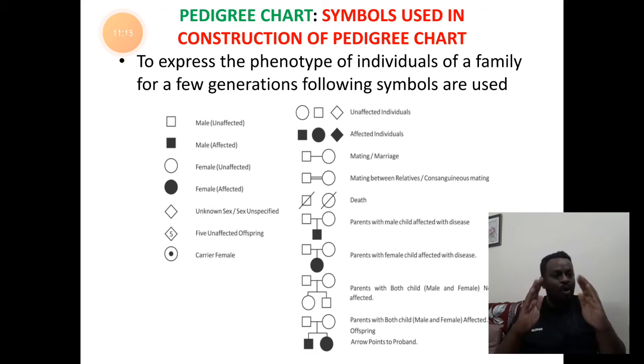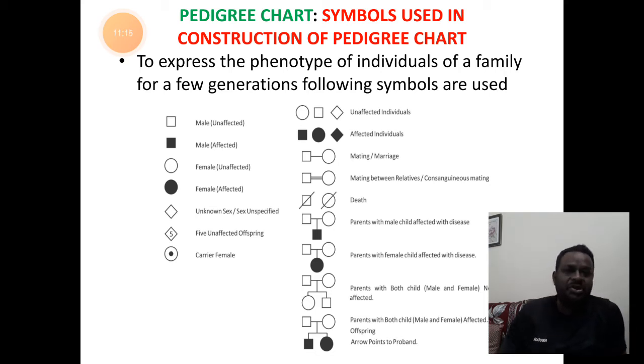If it is a rhomboidal structure which is unshaded, it refers to sex unknown or sex unspecified, but the individual is normal.